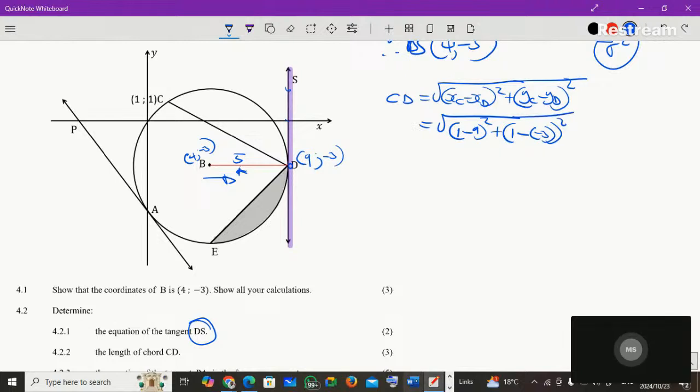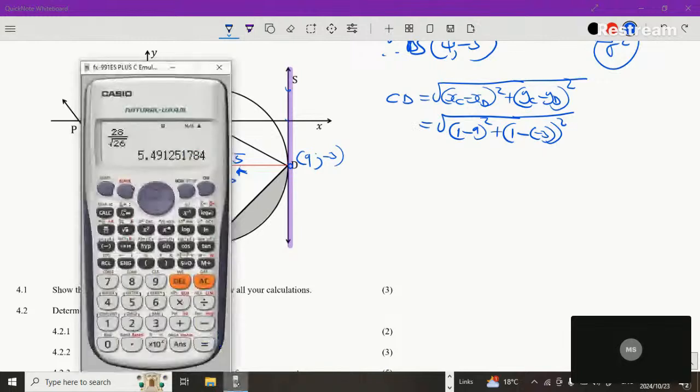Then use the calculator. Let's go to our calculators. So we'll have root, open bracket 1 minus 9, close bracket squared, plus open another bracket 1 minus negative 3, all squared, which is equal to 4 root 5.